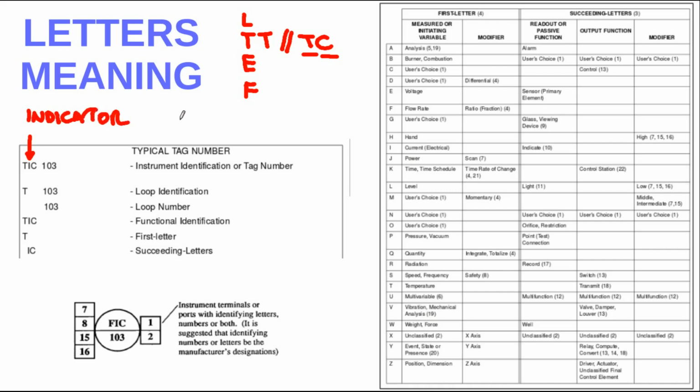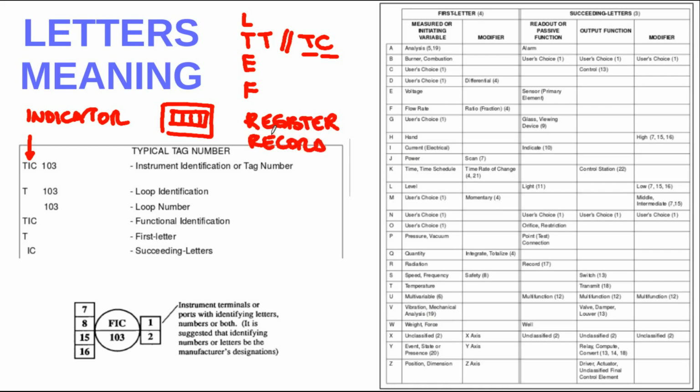Indicator. That means that the device, the transmitter itself, has a display that indicates the temperature that is measured. That's the I in the middle. But you can have not an I, but an R. This R is for register, for record.